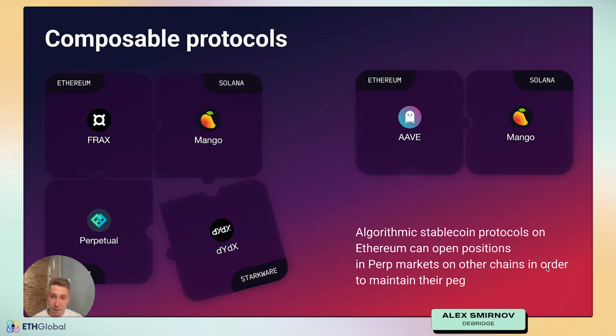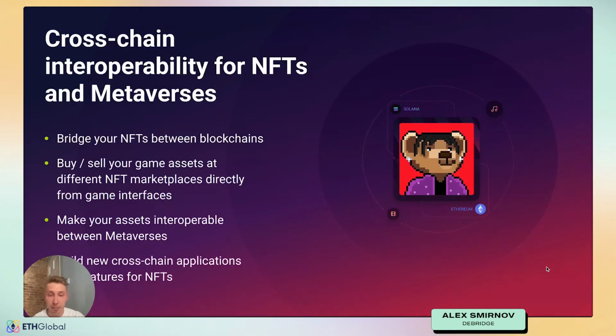And yeah, so the overall idea is that with a decentralized cross-chain interoperability layer, you can combine protocols and smart contracts deployed in different blockchains in order to enable more capital efficient solutions.